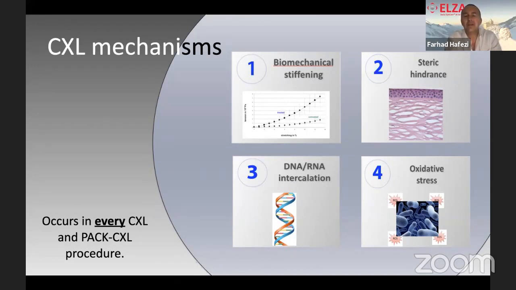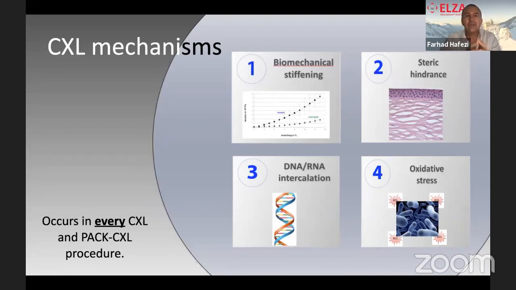This is effect number one, biomechanical stiffening. In fact, you do three more things in every CXL procedure. You stiffen the cornea, then you increase the cornea's resistance against digestion. And effect number 3 and 4 is you kill everything that lives on and in that cornea by intercalating with the DNA or RNA or by pure oxidative stress.